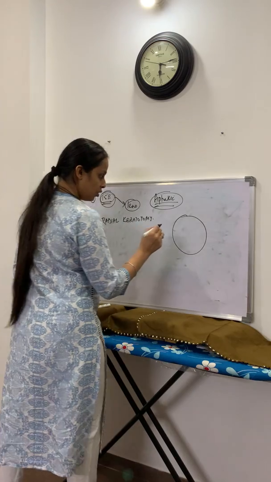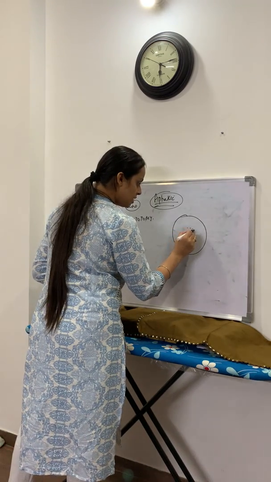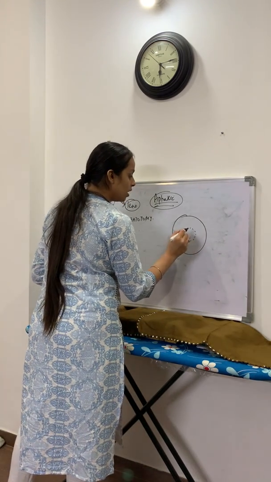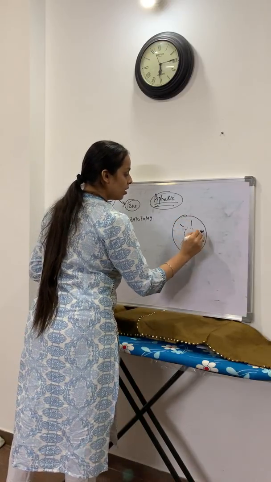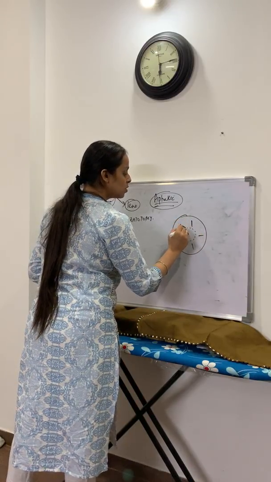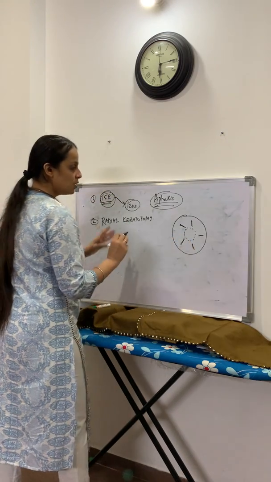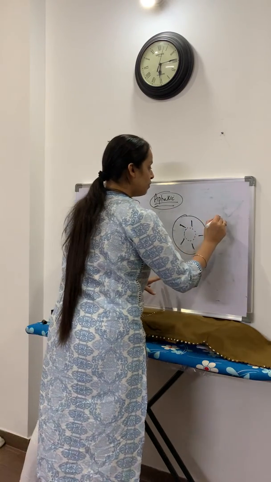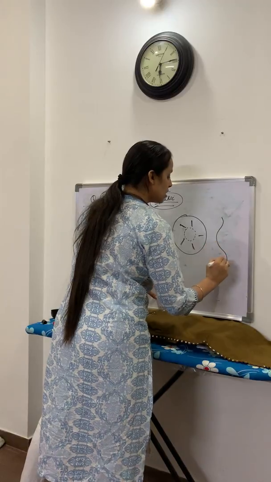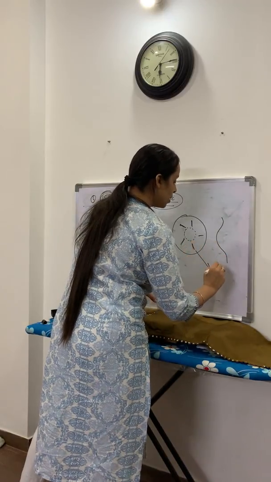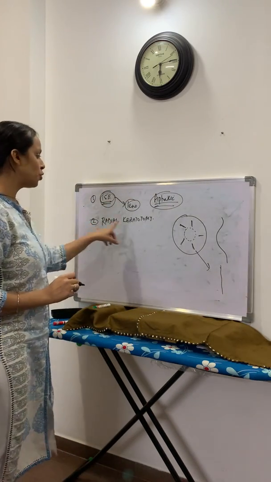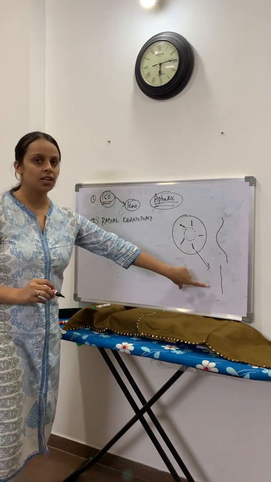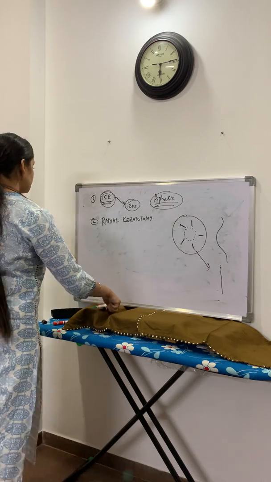You leave the central 4 millimeters of the cornea and you make cuts in the cornea of approximately 90% thickness. So what will happen? This will make the cornea more flat. My cornea was like this, now after doing this RK, my cornea is almost going to become flat. So this is what you did for the patient. You've done a radial keratotomy.